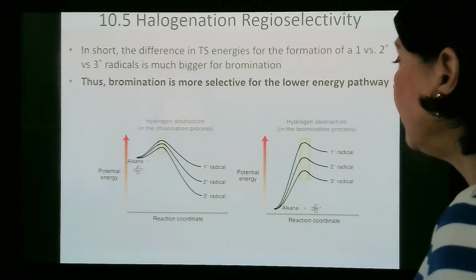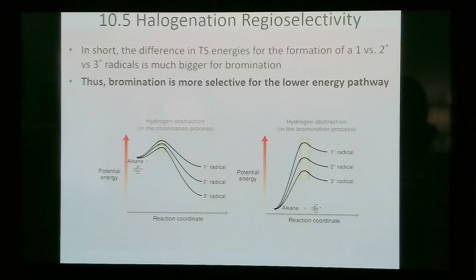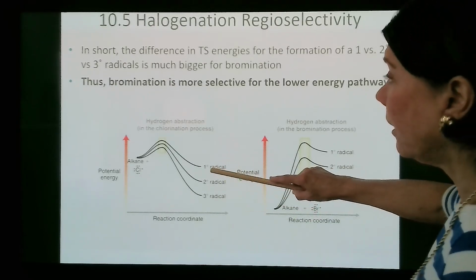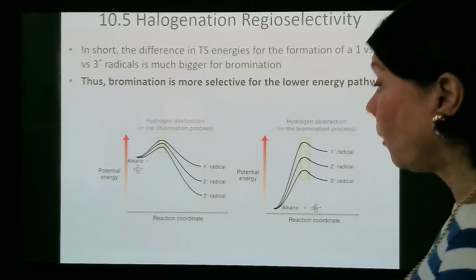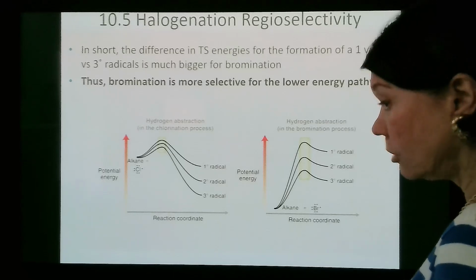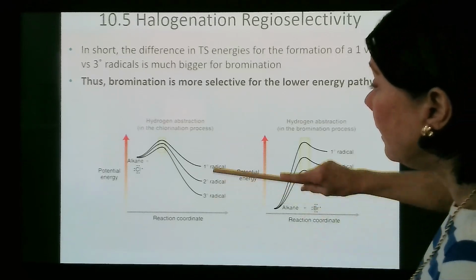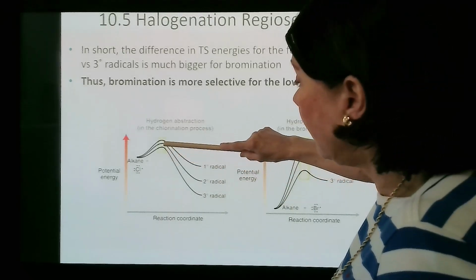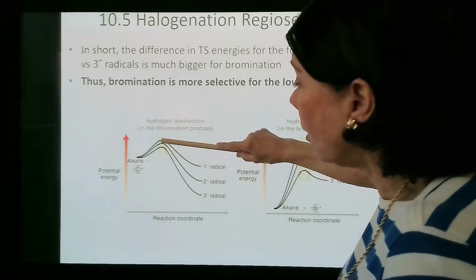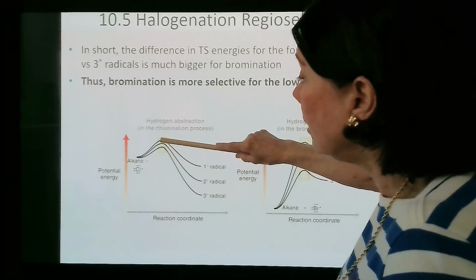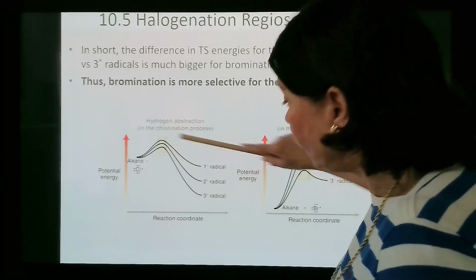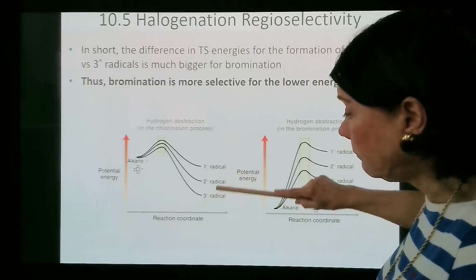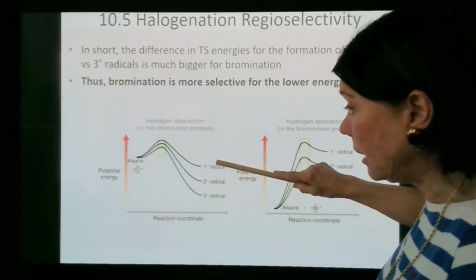So here we have another way of looking at this. If you have a molecule where you can have a primary radical, secondary radical, and tertiary radical formed, here is what you're going to see in chlorination. The transition states are all very close to each other in energy, even though the products may be farther apart in energy.